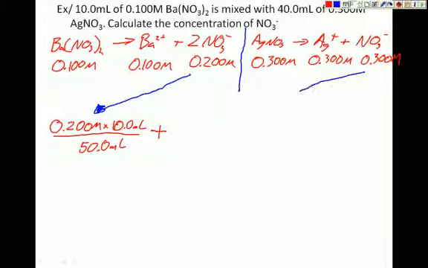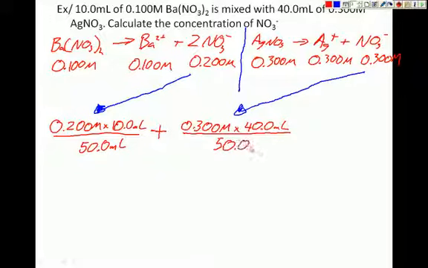So here is this nitrate right here after it's been diluted, and this is going to be 0.300 molar times, now its initial volume is 40 milliliters, and the new volume is 50 milliliters.